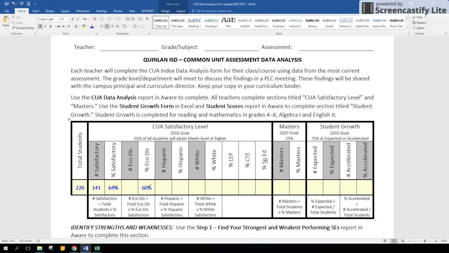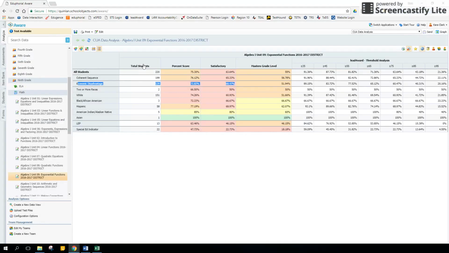And again, we've got to find the number of students that represents. A little bit different on how we calculate. Instead of multiplying by total students like we did under the percent satisfactory, we're going to be multiplying by the total number of economically disadvantaged students, so not by 220. To find this, we go under total students, we look back at economically disadvantaged, and we find 129.